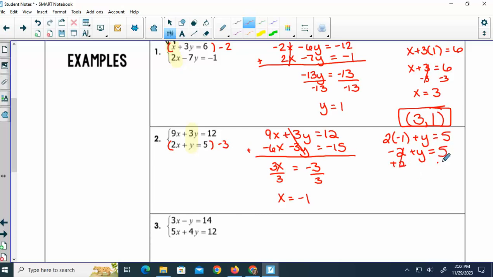Add the 2. So y is 7. So x, y, our point is negative 1, 7. Why don't you guys try number 4?